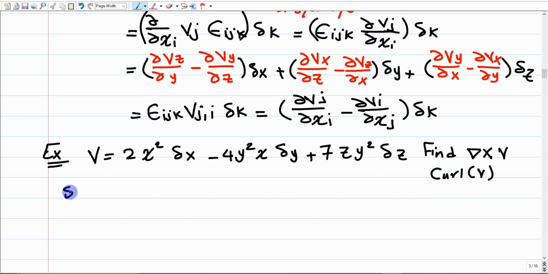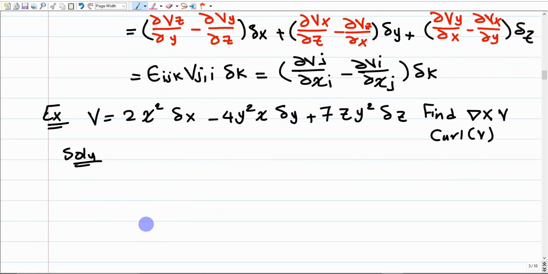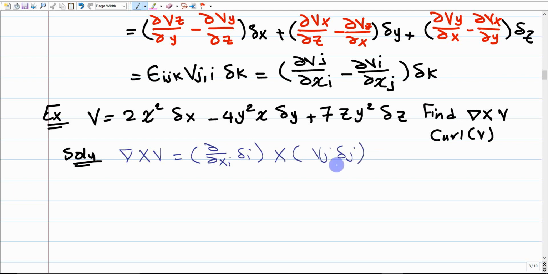So the curl of V, let us do it simply, step by step. Start from scratch. We are interested in the curl, which should be nabla cross V. So the nabla is partial by partial xi delta I cross the Vj delta j, which gives us the partial Vj by partial xi, then delta I cross delta j.